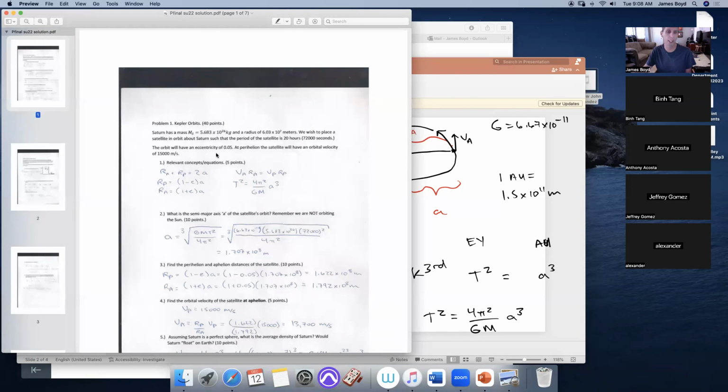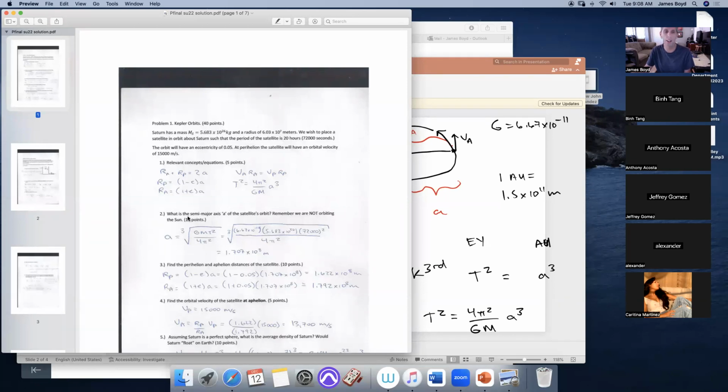This is just making sure that people know the equations that matter. First thing we can ask is, since we've been given the eccentricity and we know the period, we can find A from the period. And then since we have A and E, we'll be able to find a whole bunch of other things.